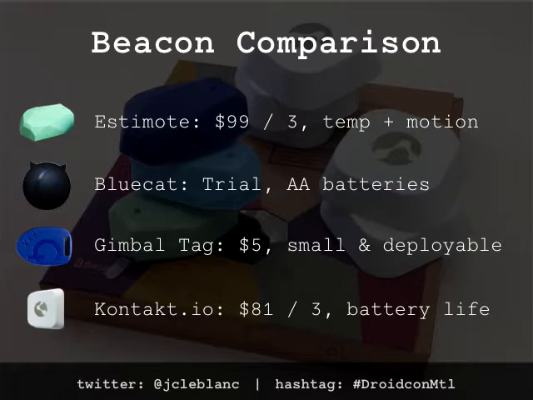They're $5. You can deploy them, lose them, throw them anywhere. They're set up to be bounced around. So they're not that great as far as having dashboard functionality or cloud functionality like the Estimote beacons, where you can configure a lot of the details about the beacons. But they're $5. So if you're getting started with beacons, it's a great way to start.